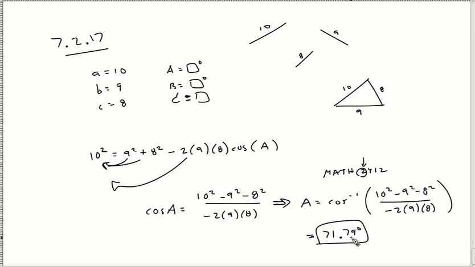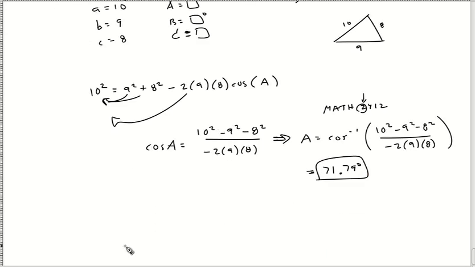What we could do is law of sines now in order to get the next one. On my notes, I do law of cosines again, but I'm not going to do that. Instead, I'm going to do law of sines because that's what I told you to do, and that's fine.